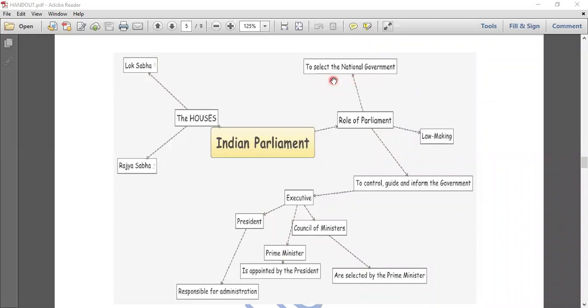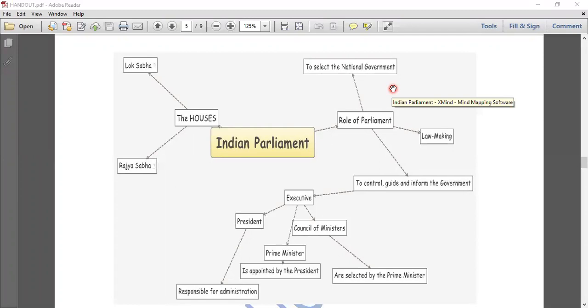To select the national government, and to see which party is going to get the majority and form the main segment of our national government, that is one important criterion. For example, what happens after the Lok Sabha election? A list is prepared where all the names of the MPs are given.